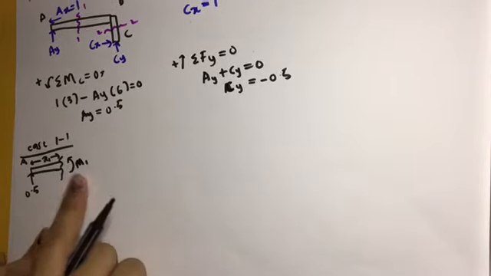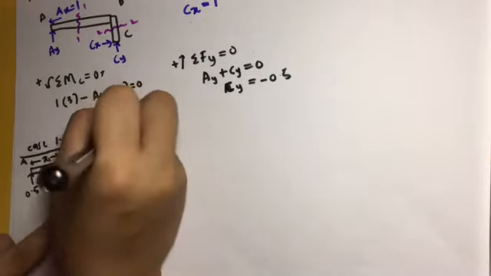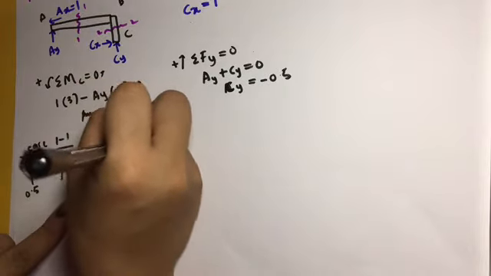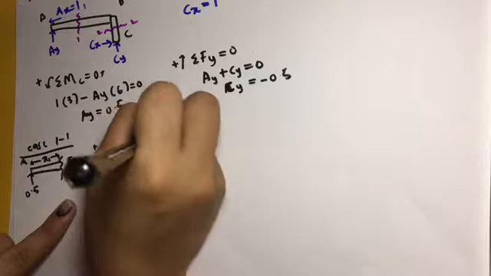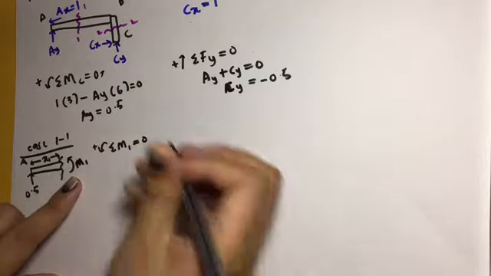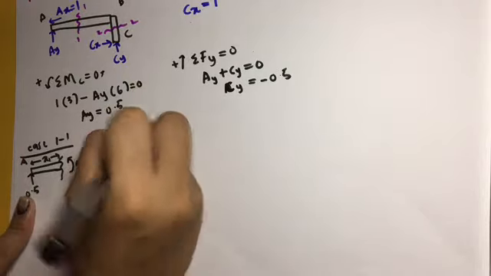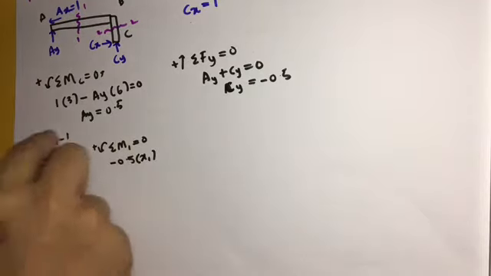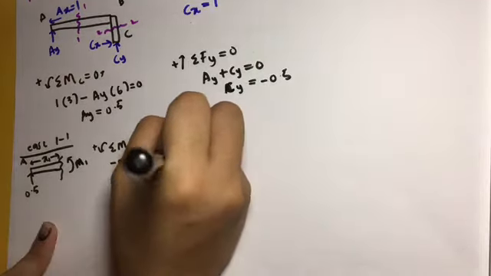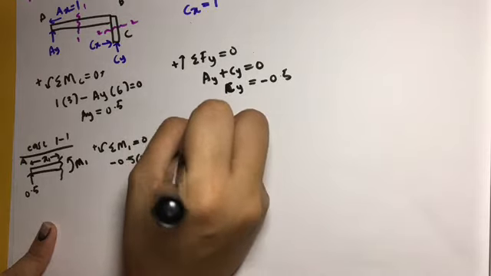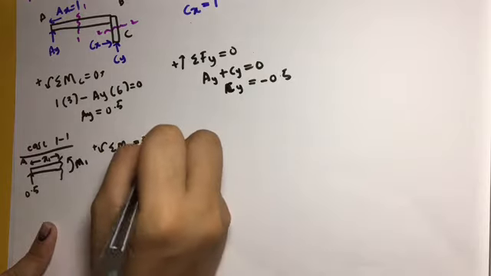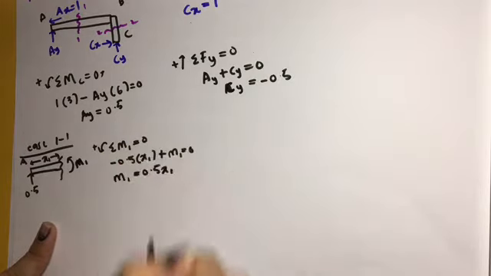So we will do this to find the M1, right? So it's negative 0.5 x1 because it's in the clockwise direction, so it's negative. So then we have M1 equals to 0. So M1 equals to 0.5 x1.